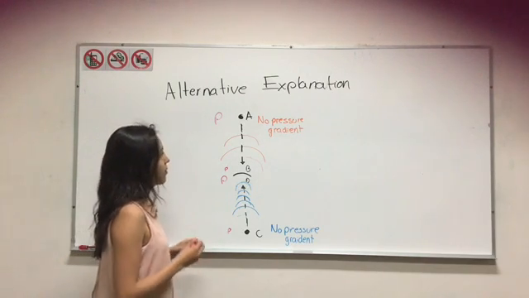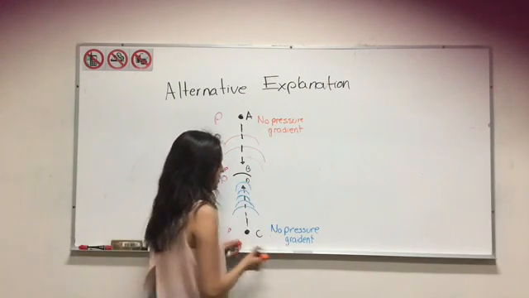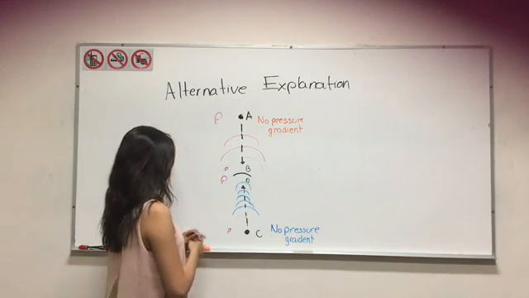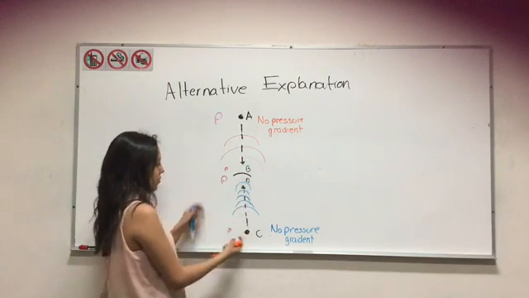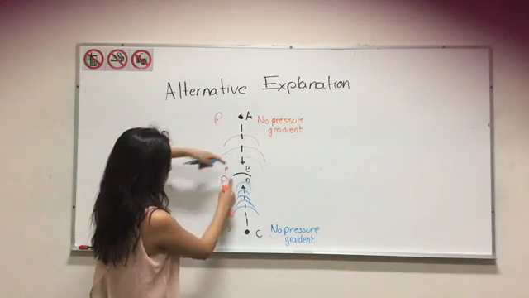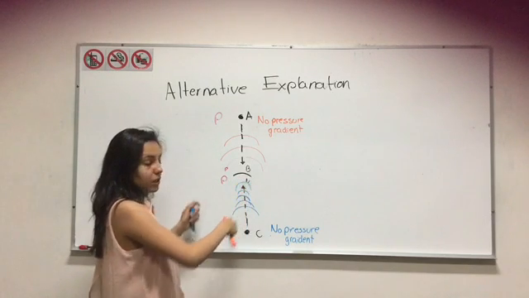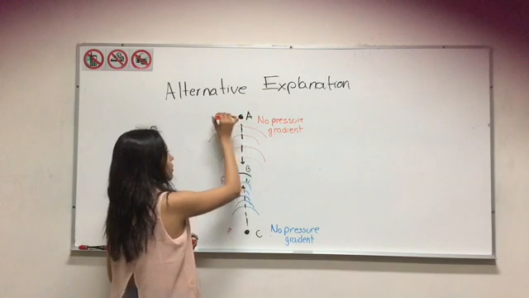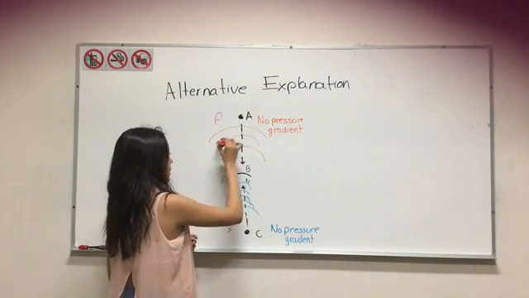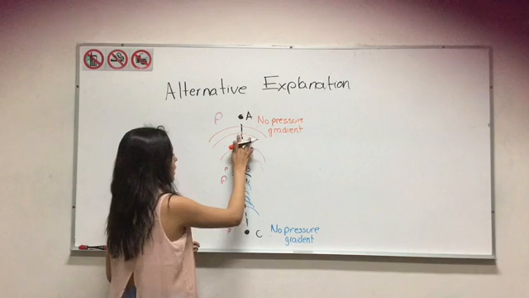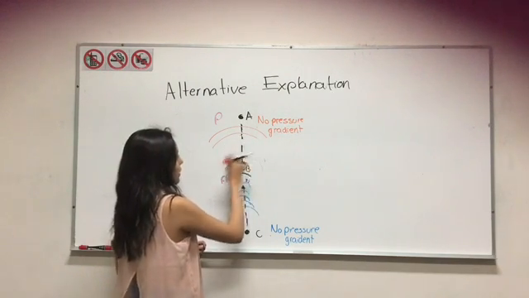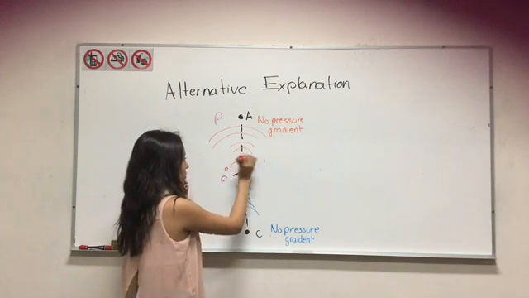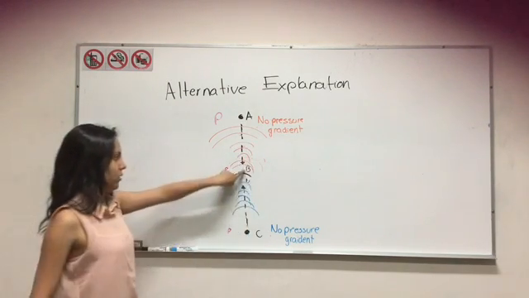From this point to the other point, as they go to the center, at first there is no pressure gradient, and they tend to make a curvature. For example, from this point the curvature is not that much, but as it gets near the center, the curvature gets more and more curved.